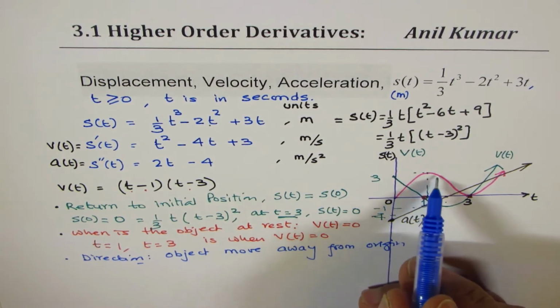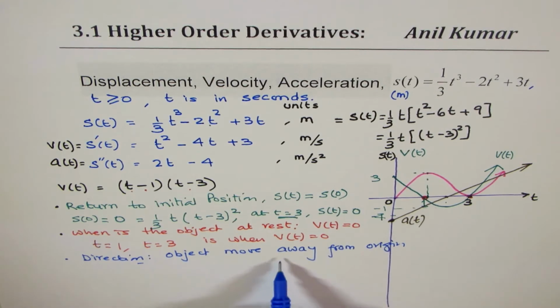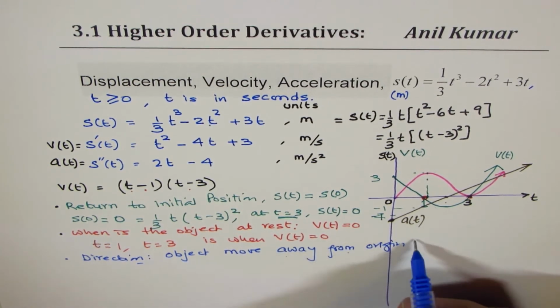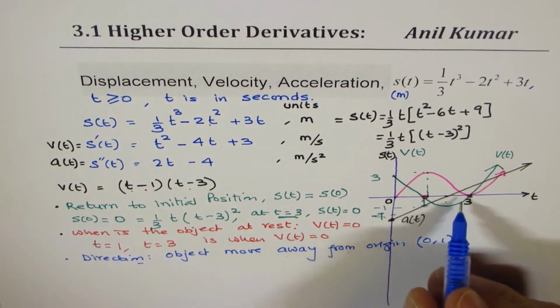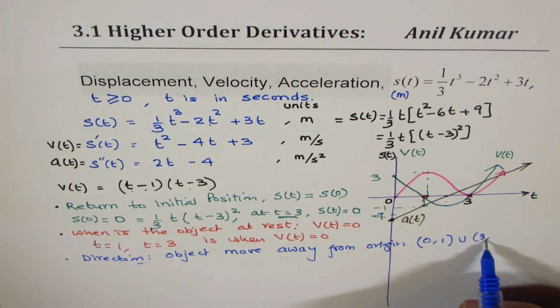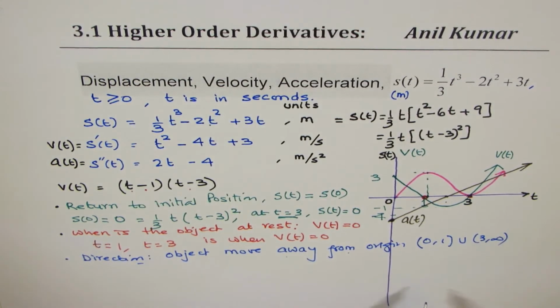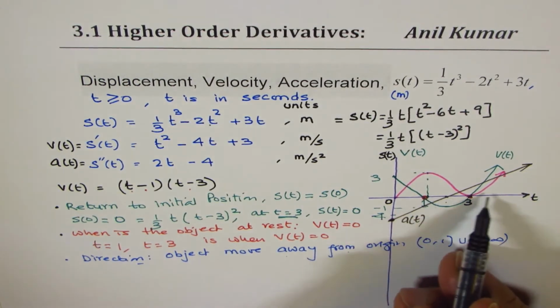So from the displacement graph shown in pink, you can make out that the object is moving away from origin in the interval 0 to 1, right? And then in the interval 3 onwards. Let me write 3 to infinity. And in these intervals, what do you notice? You also notice that in these intervals, velocity is positive.